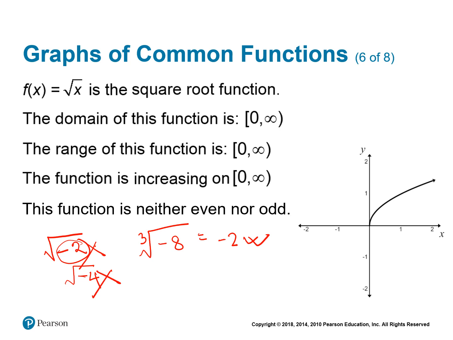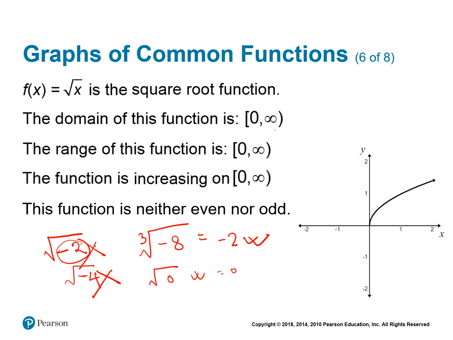All right. So the domain of this function is [0, infinity). The square root of 0 is 0, and that's fine. The square root of 1 is 1. The square root of 2 is not an integer value, but it is a real number.